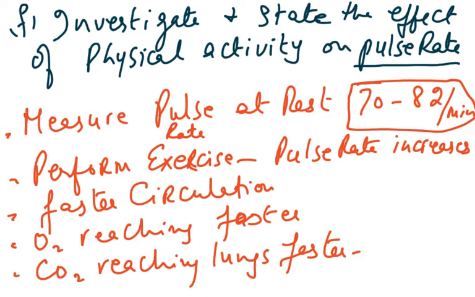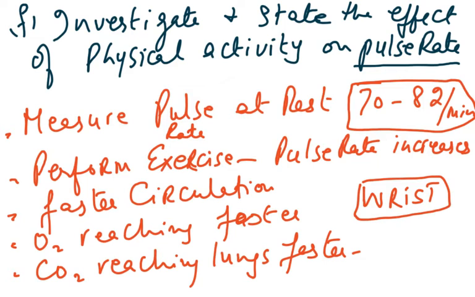Come to the F part of the syllabus, which is investigate and state the effect of physical activity on pulse rate. So basically, if I say investigate, you've got to give me a practical procedure. So, where will you check the pulse? The pulse is very often checked at the wrist, on the side of the thumb, and you can just press a little bit and you can feel the pulse very easily.